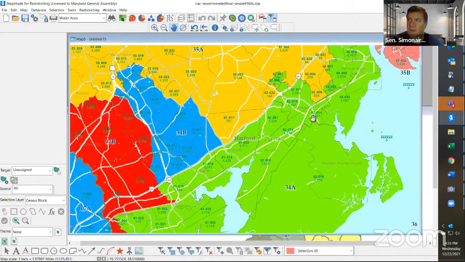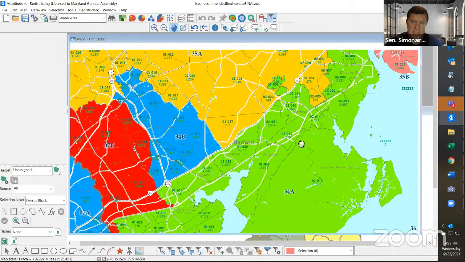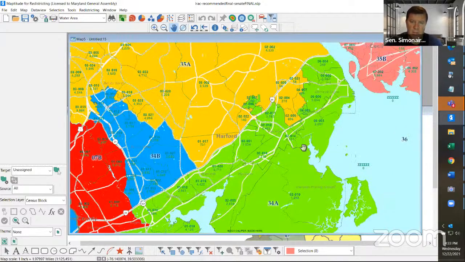So I guess I'm trying to find out what the logic was of taking that out when 34 was underpopulated and 35 is overpopulated. And that's really splitting up Habity Grace and Aberdeen area. Why was that given to an overpopulated area instead of staying with 34 who is underpopulated? What was the thinking there?